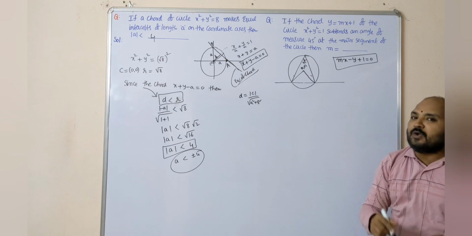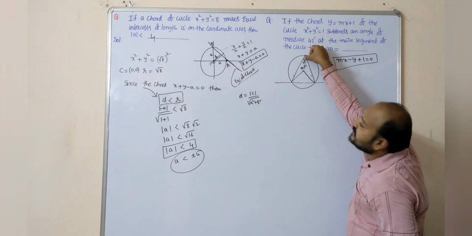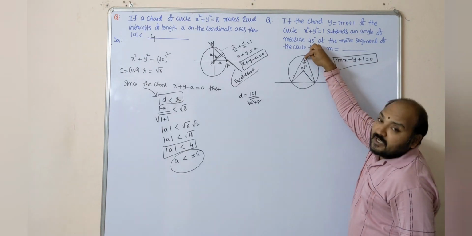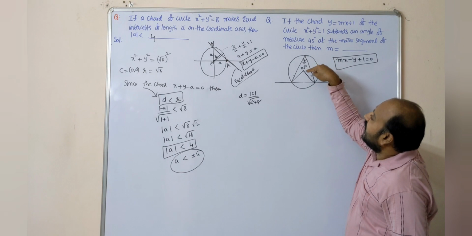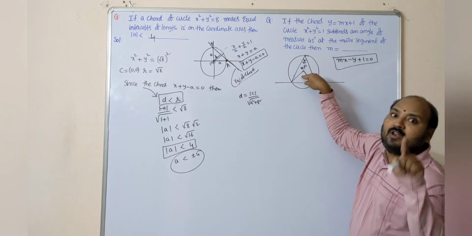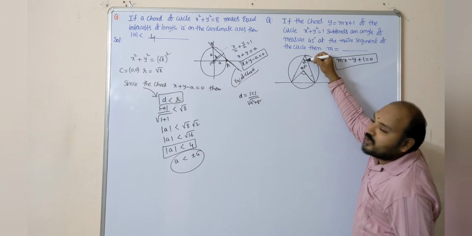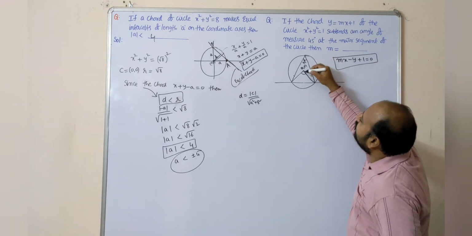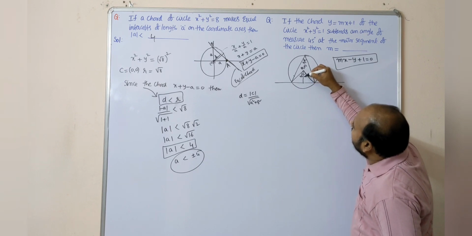One of the important plane geometry properties: if this angle is theta at the circumference of the circle, at the center that angle will be double. So here the angle will be 90 degrees, here 45 degrees.